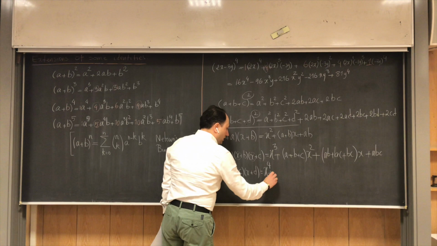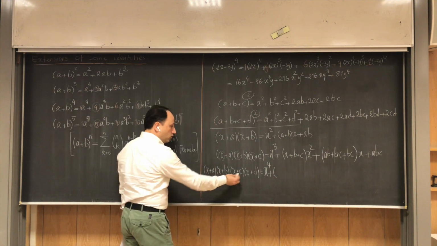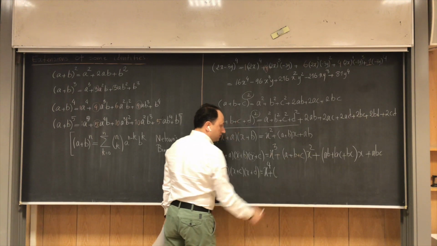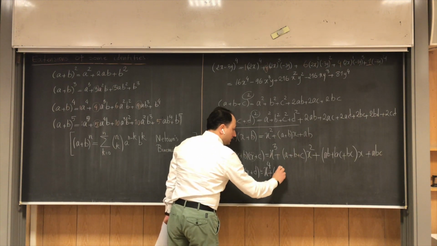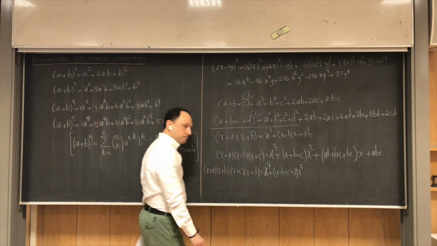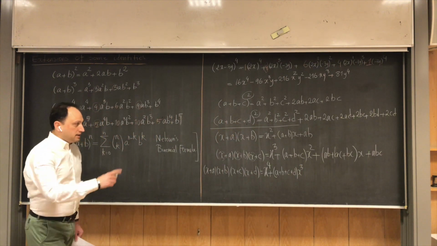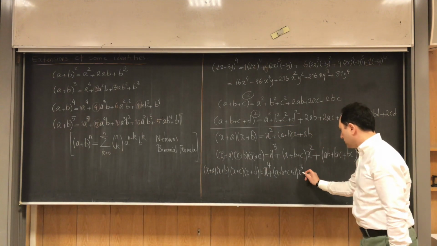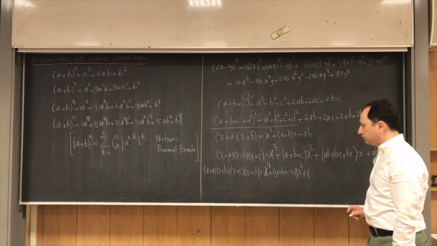Okay, the next one is the sum of all of them. So you see only single terms appear. So this becomes a plus b plus c plus d multiplied by x to the 3. Now I consider all pairs, all pair combinations. What's the meaning of all pair combinations?